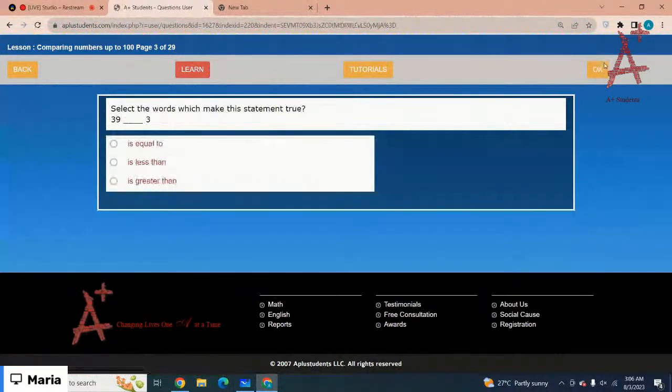Okay, select the words that make the statement true. 39 and 3, you have to compare both the numbers. When you count, 39 comes after 3. That means 39 is greater than 3.